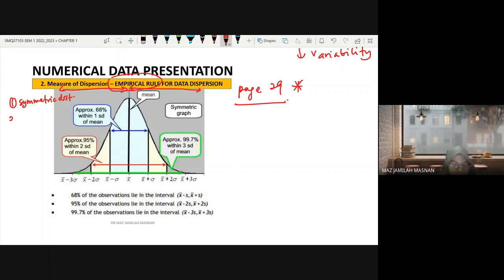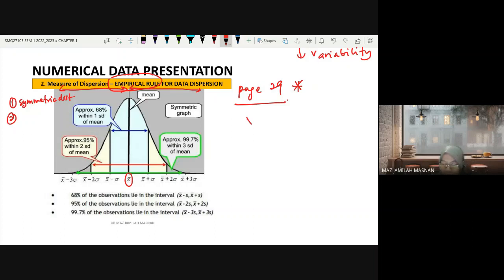Second, it tells you where the observations lie, how many observations lie within the standard deviation. Let us look at the middle. Here is the mean. We know that X bar reflects the sample mean.